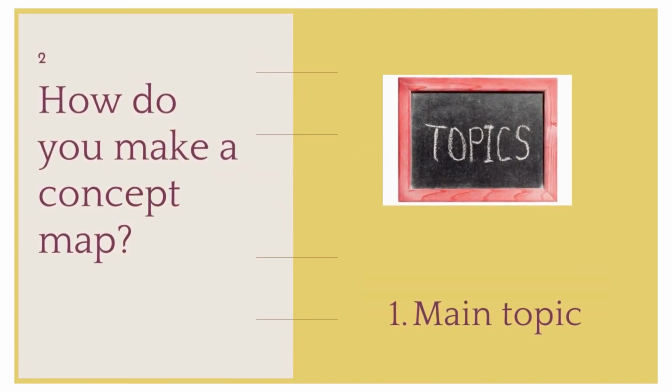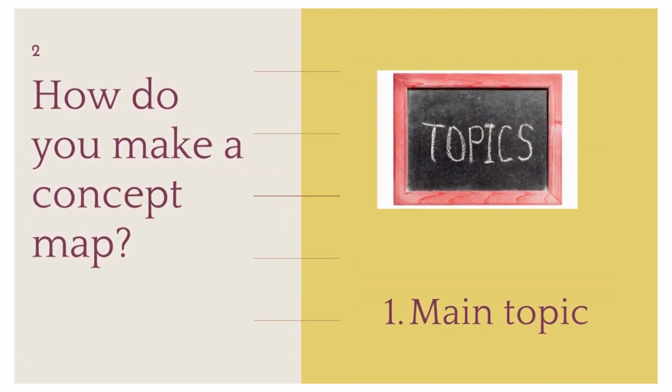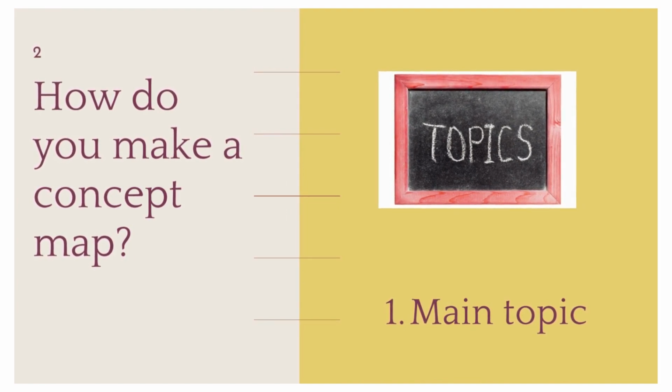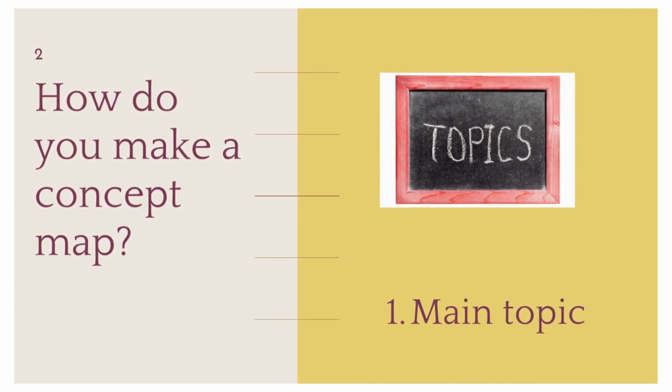Okay, next. How do you make a concept map? First, you identify the main topic. So after you brainstorm, then you realize, okay, this is the main point of this article. So you use all relevant content from lectures, texts, and other course material.